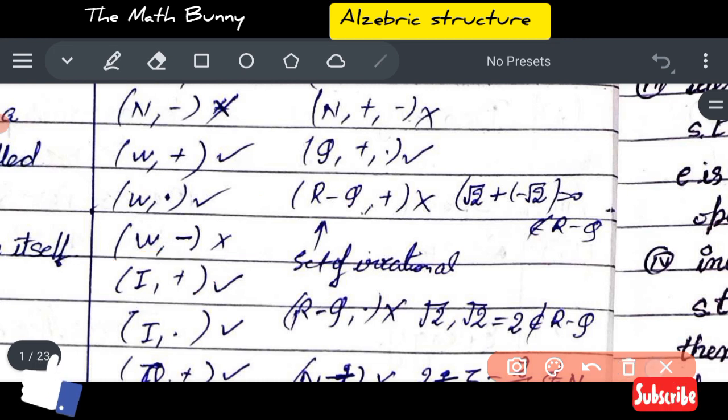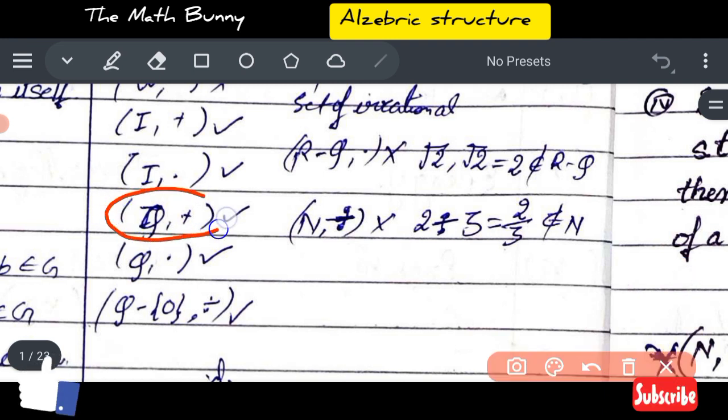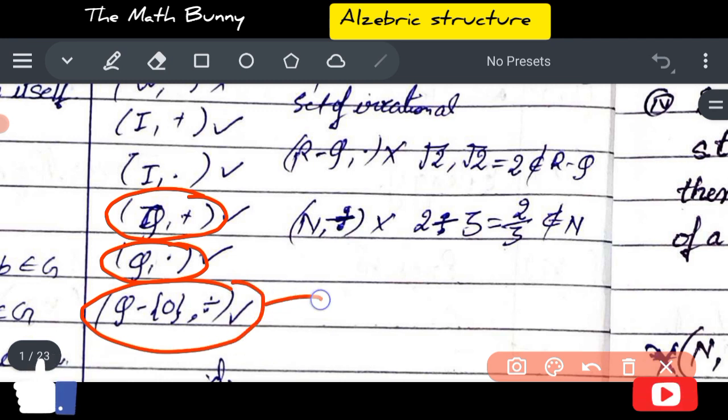Now let's take some more examples. Addition of rational numbers is an algebraic structure. Multiplication is also an algebraic structure. But look here, if you take rational numbers and divide them, then there is a chance, suppose you divide 2 by 0.